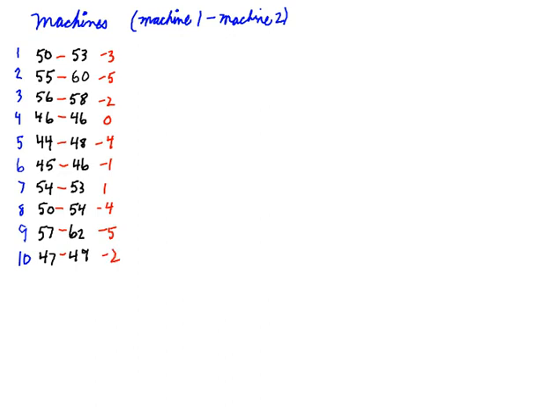And since I am subtracting machine 2 from machine 1, it does appear that machine 2 is more often than not outperforming machine 1. The data is negative, indicating that the values of machine 2 are larger.